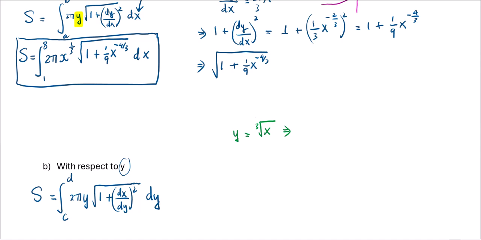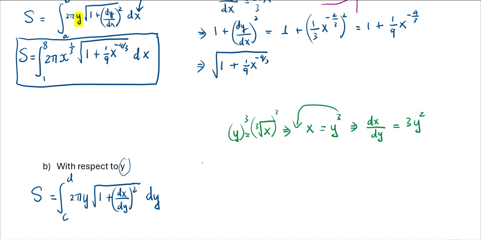So what I do is raise both sides to the third power. So I have x equal y to the third power. And now the function is written in terms of y. I can find dx dy using the power rule. So I bring the 3 down and then subtract 1 from that, which gives me 2.